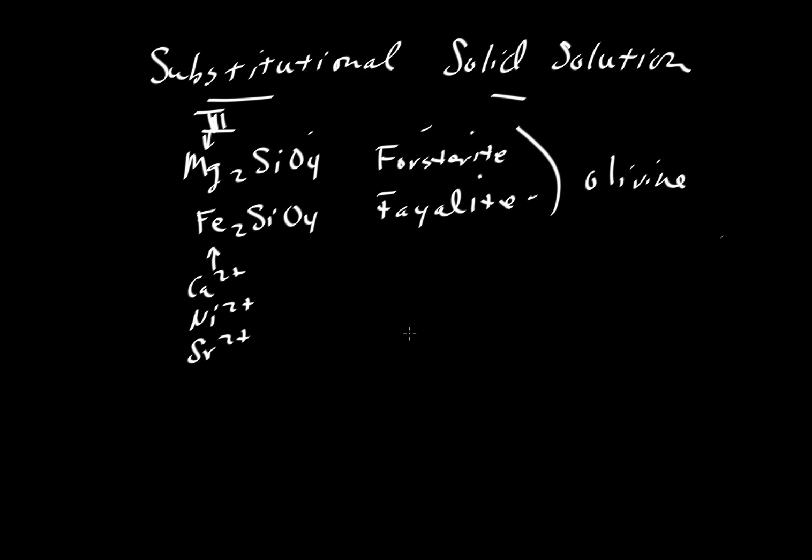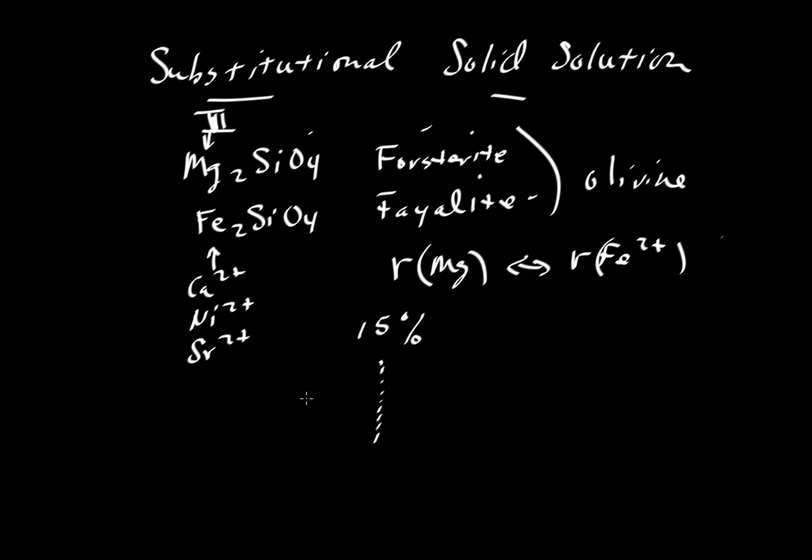But it's also the size that matters, and there's a general rule that if the radii of two cations, let's say magnesium and iron here specifically in the 2+ state, are within, let's say, about 10 or 15% of one another, we should have complete solid solution. So we can write this as kind of a 15% rule.